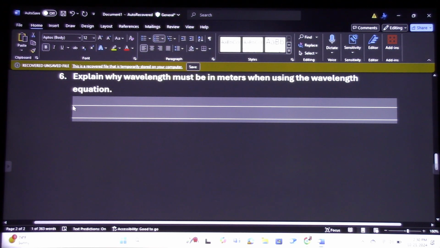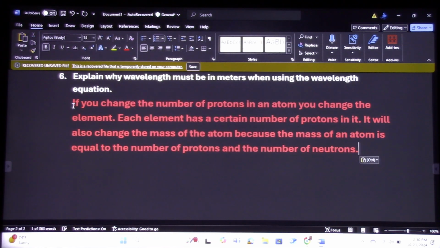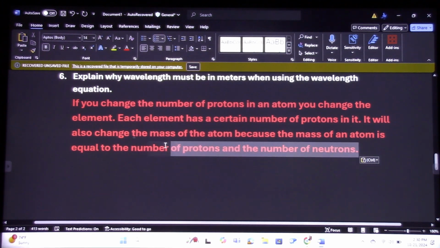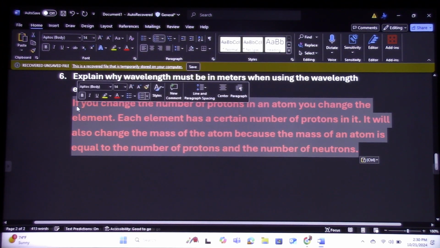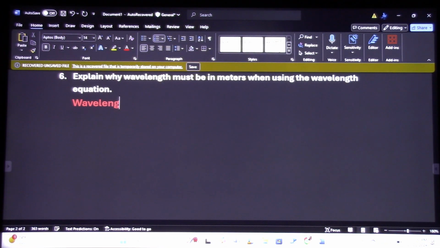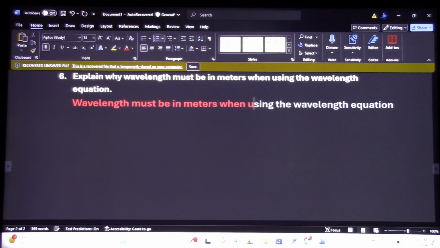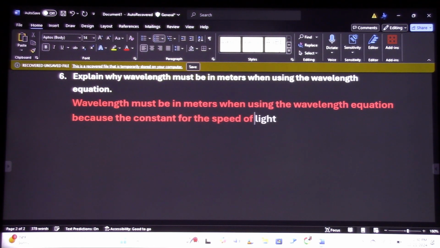So explain why wavelength must be in meters when using the wavelength equation. Wavelength must be in meters when using the wavelength equation because the constant for the speed of light is in meters per second.